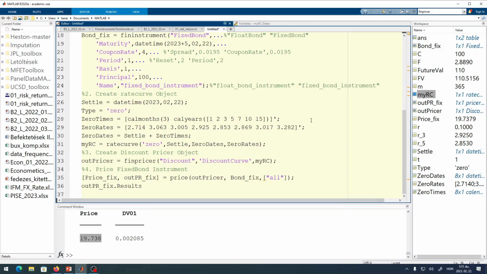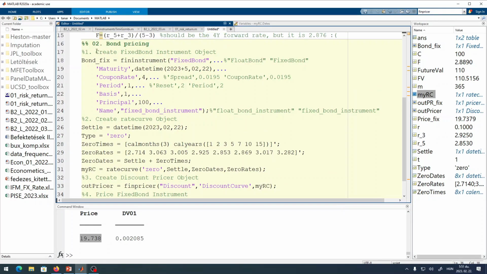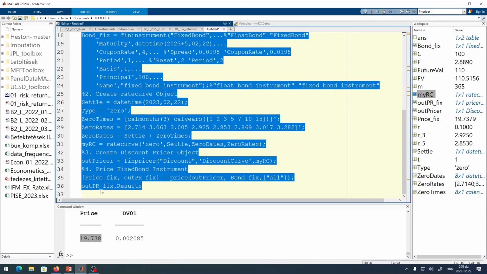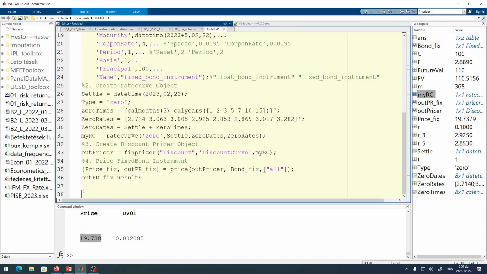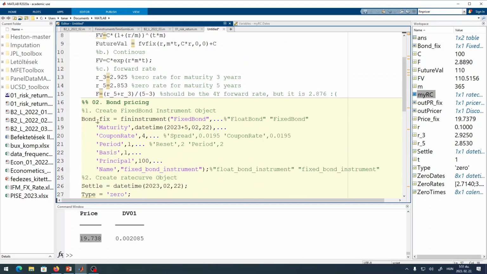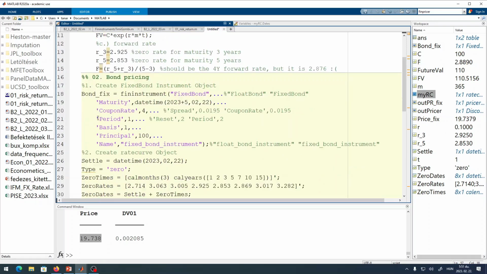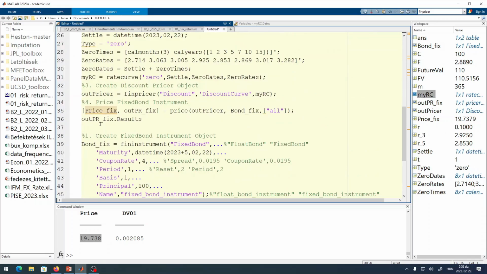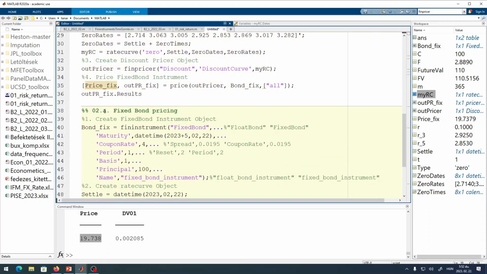And of course we can do the same thing with the floating bond. Let's say, fixed bond pricing, and now let's copy everything and paste it here. Floating bond pricing.